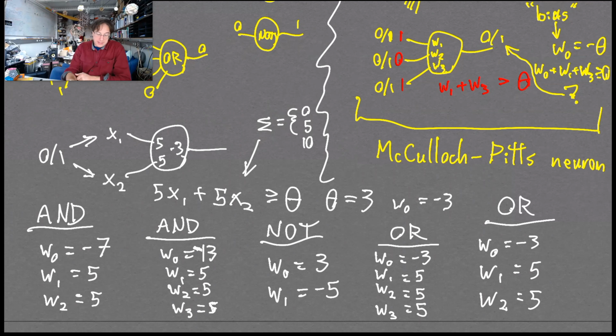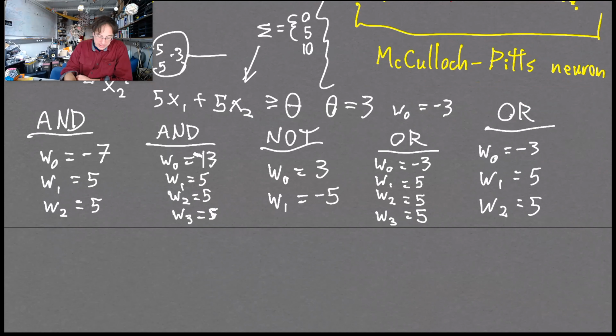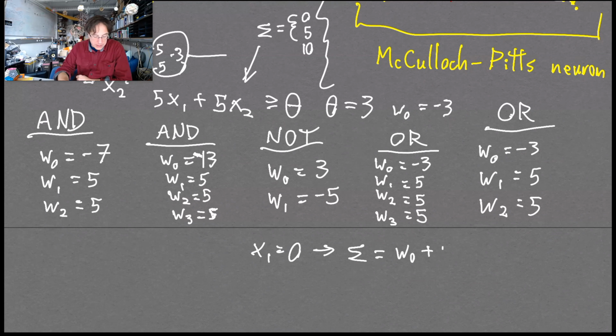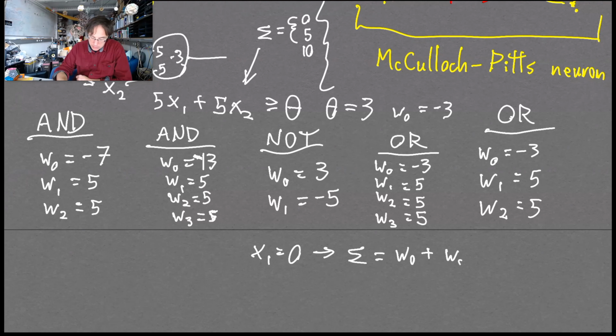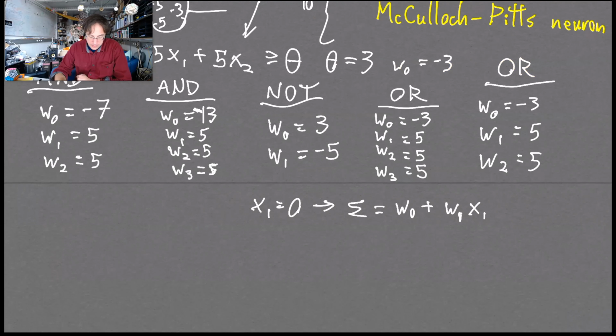And now, does this work? Well, yes. If our input is off, if x1 is 0, then the sum is the bias term plus the first weight times the first input.